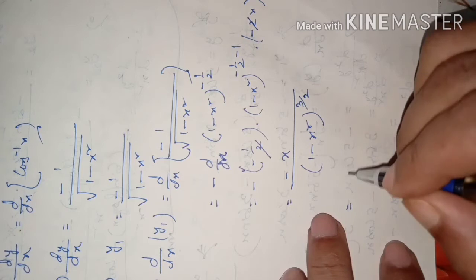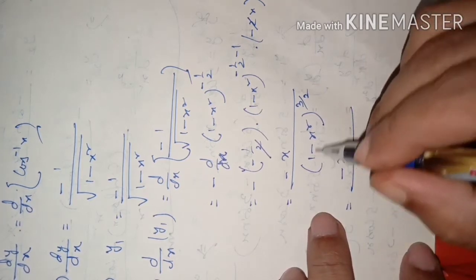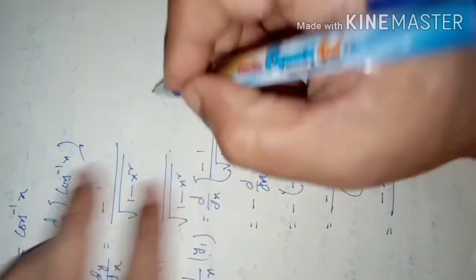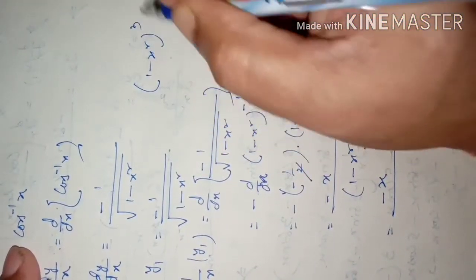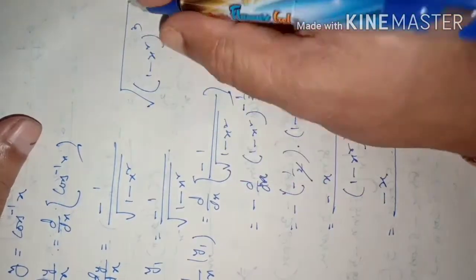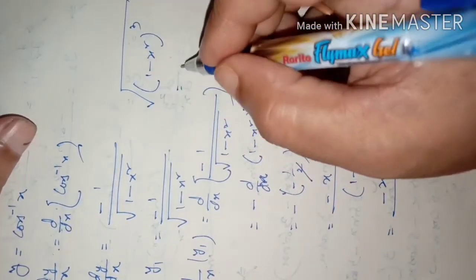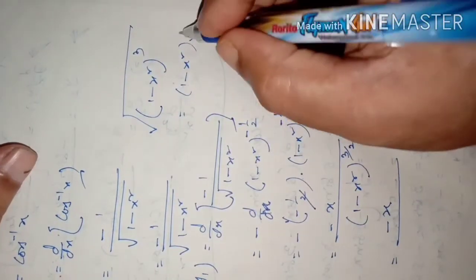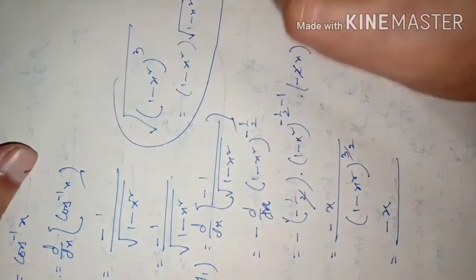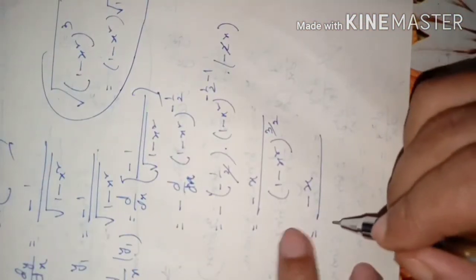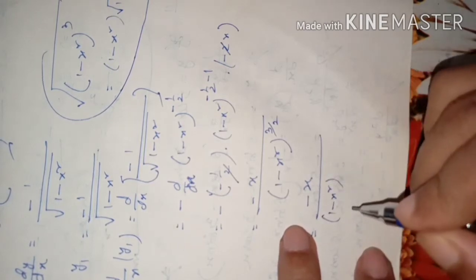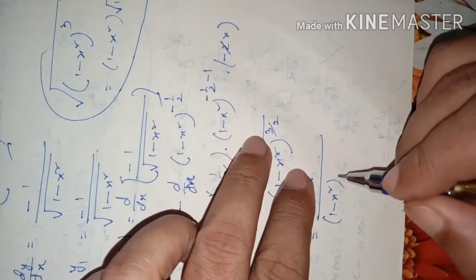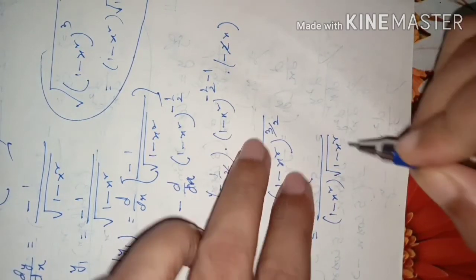The whole cube part can be treated as 1 minus x square times under root 1 minus x square. So we can write it as minus x divided by 1 minus x square into under root 1 minus x square.